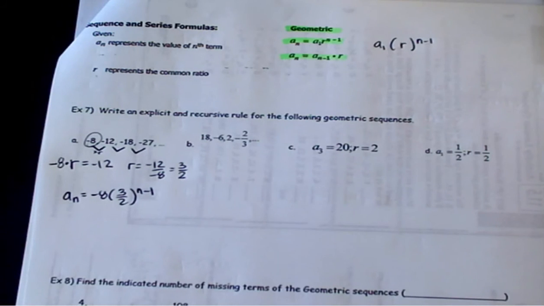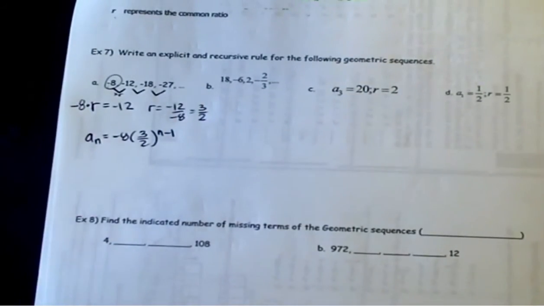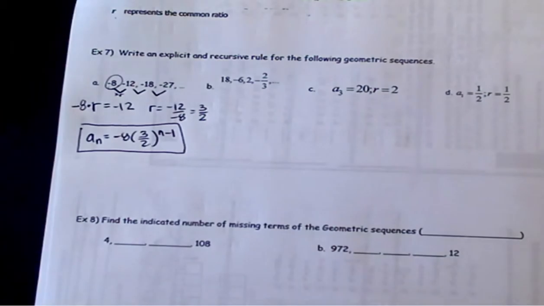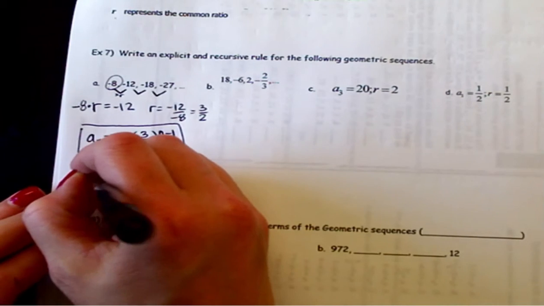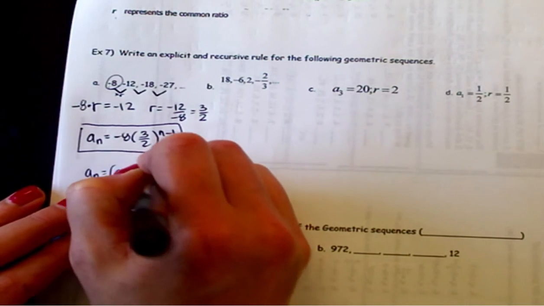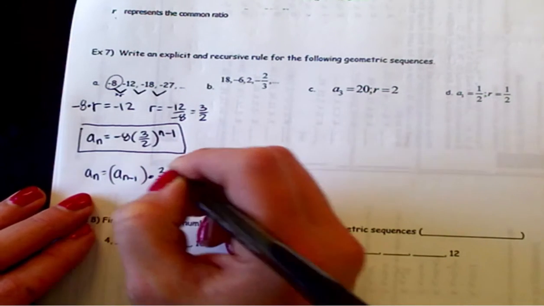There's no simplifying. That's it. We can't multiply the stretch number and the base together. You cannot do that. Okay, recursive. A sub n minus 1 times 3/2.